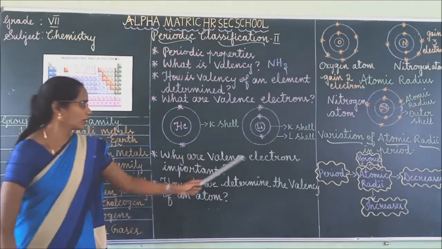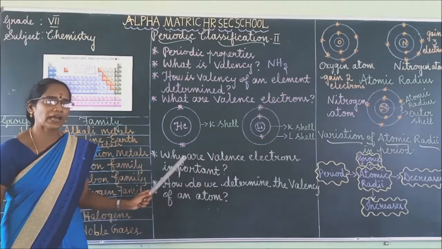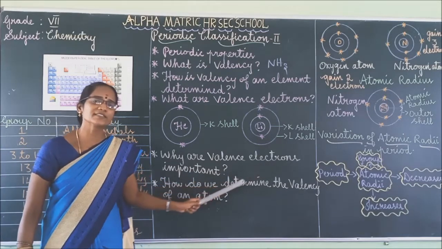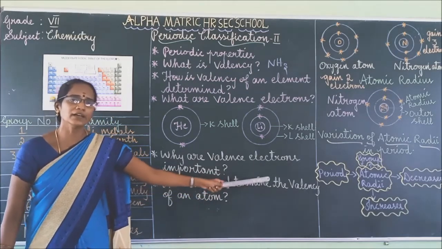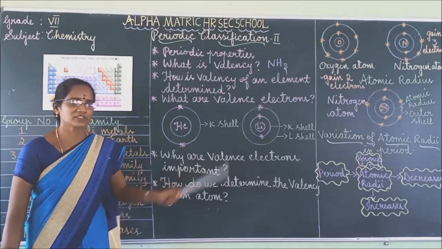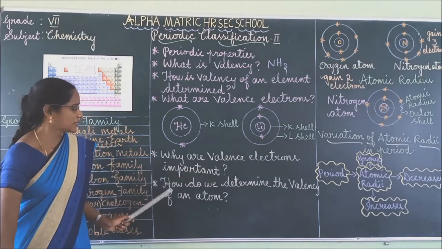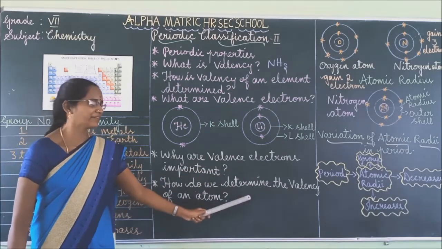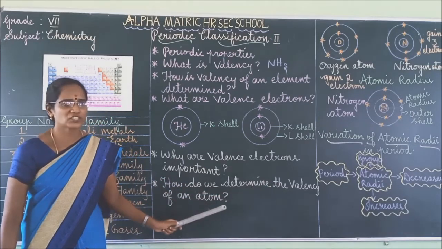So why are valence electrons important? Valence electrons are important because these electrons take part in the chemical reactions. Got it? Right. Next, how do we determine the valency of an atom?